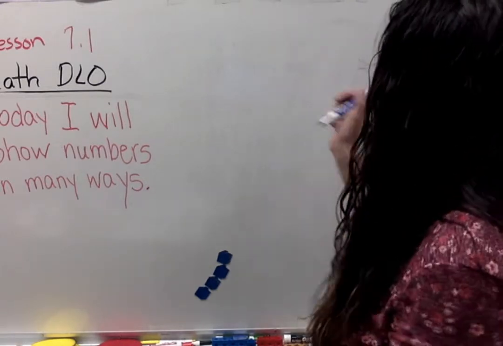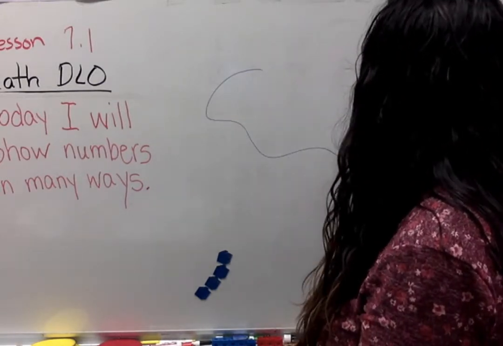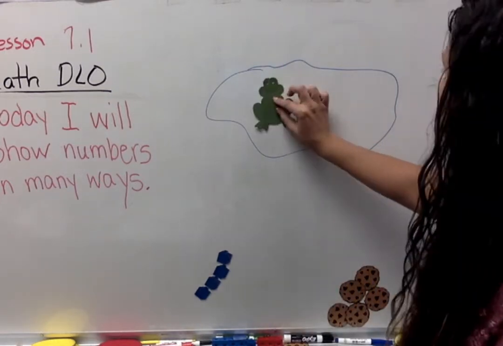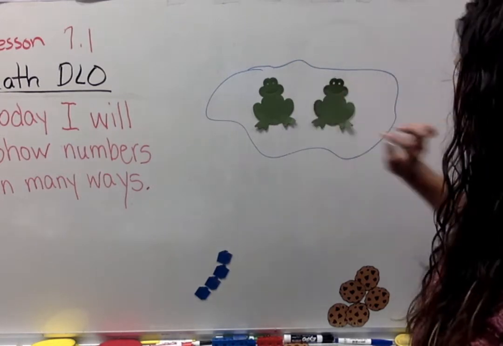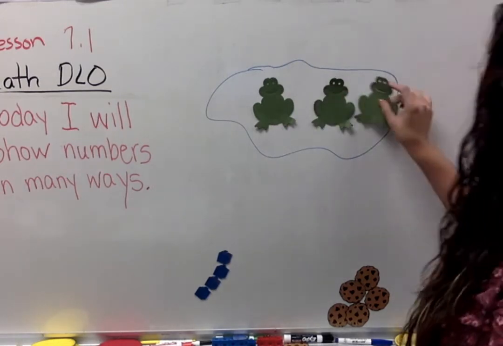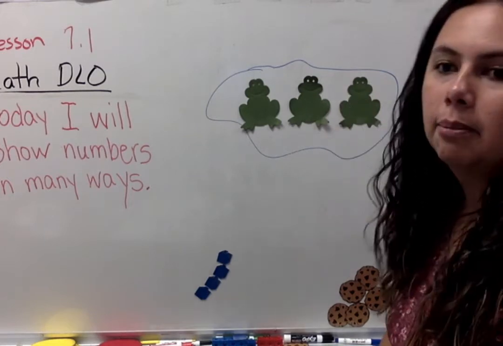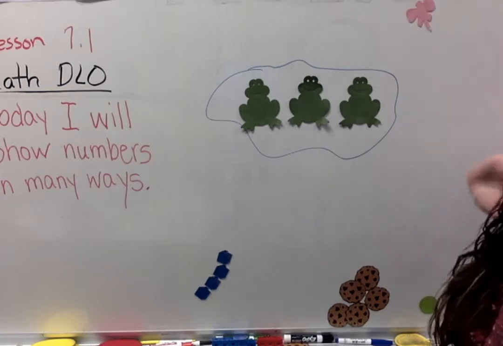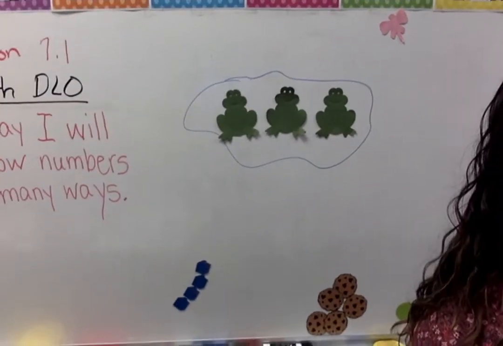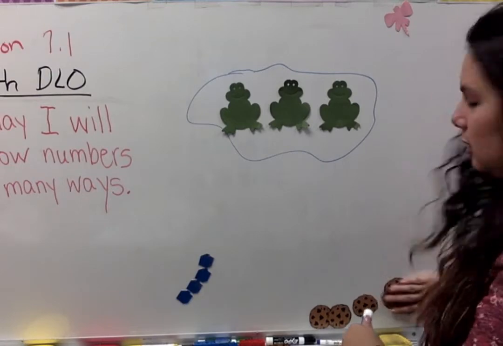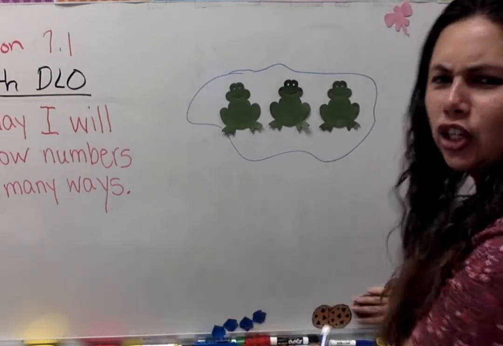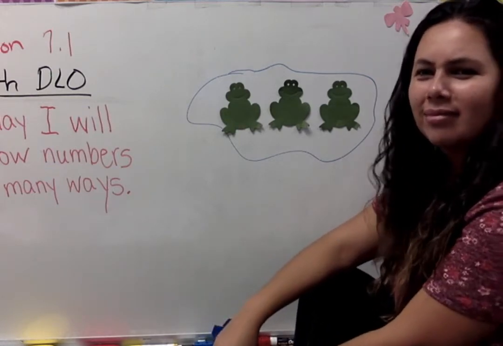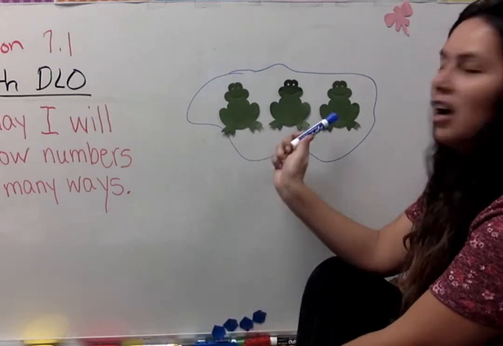So if there was a pond, and in the pond there was 1, 2, there was 3 frogs in the pond. There is a dragonfly out there, okay? I still see my cookies. Don't look at the cookies. No cookies. I'll eat the cookies. No cookies. Okay. So there's 3 frogs in the pond.